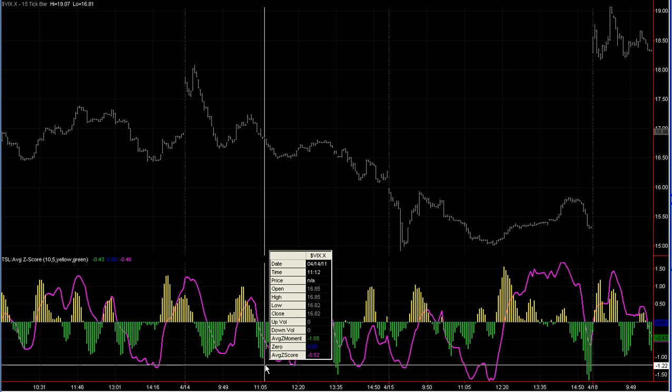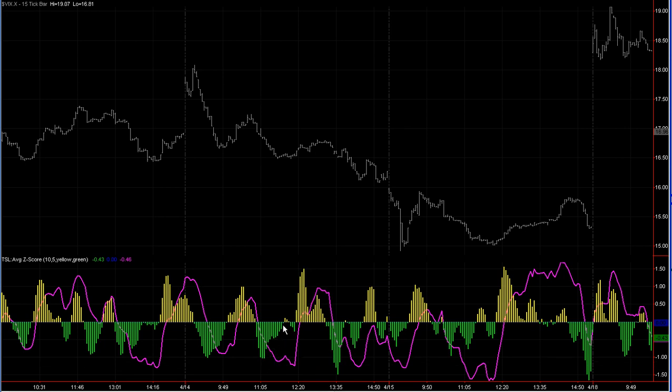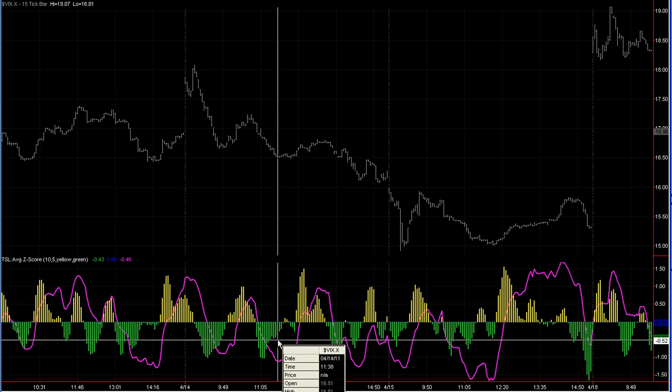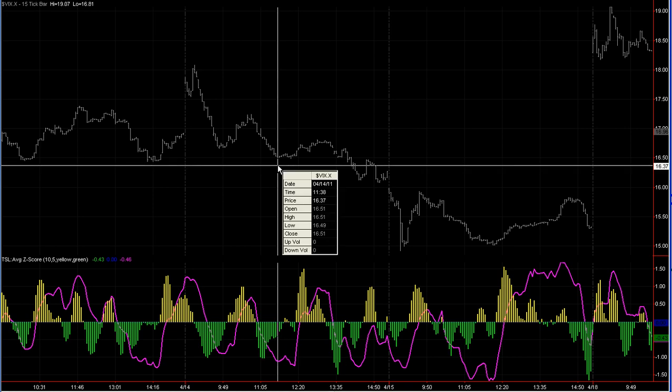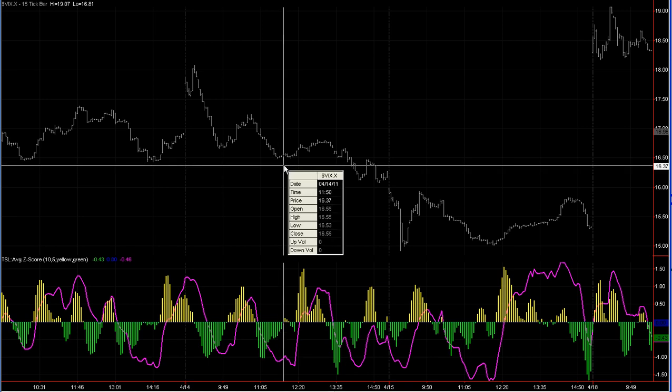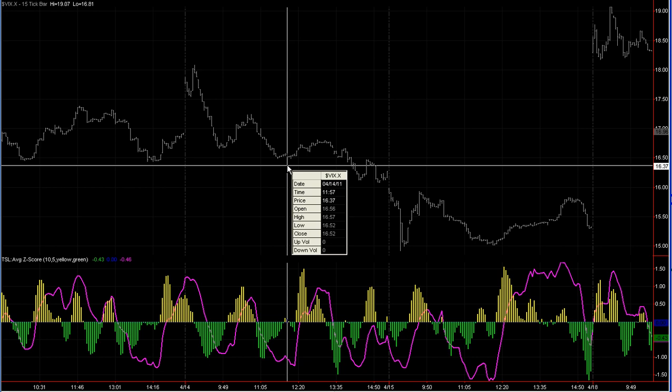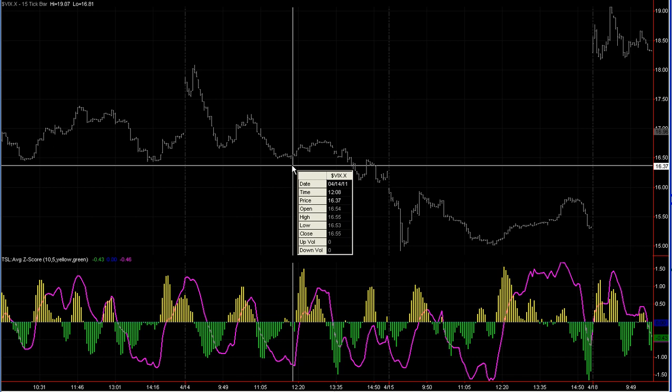Similarly, as the histogram here starts to lose strength, starts moving in the opposite direction, and here we find the lows of the VIX are now beginning to move sideways. More than likely going to be a change in direction here.